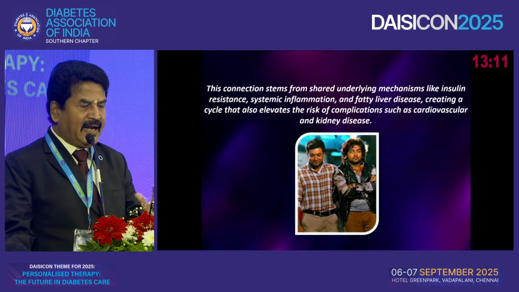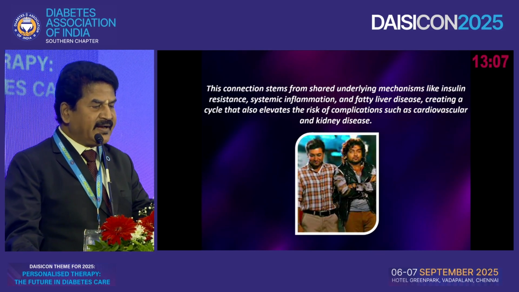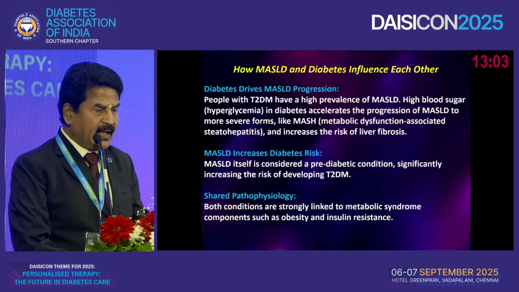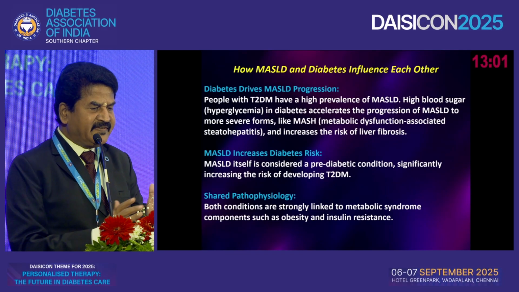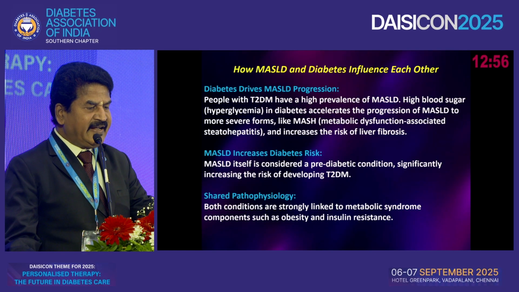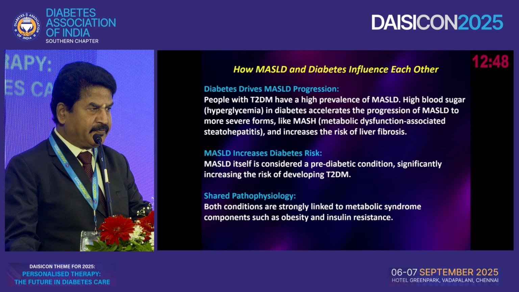What is the underlying mechanism for both the conditions? Insulin resistance, systemic inflammation, and the fatty liver disease. How do MASLD and diabetes influence each other? Number one, diabetes drives MASLD progression, as high blood sugar leads to progression of MASLD to more severe forms.